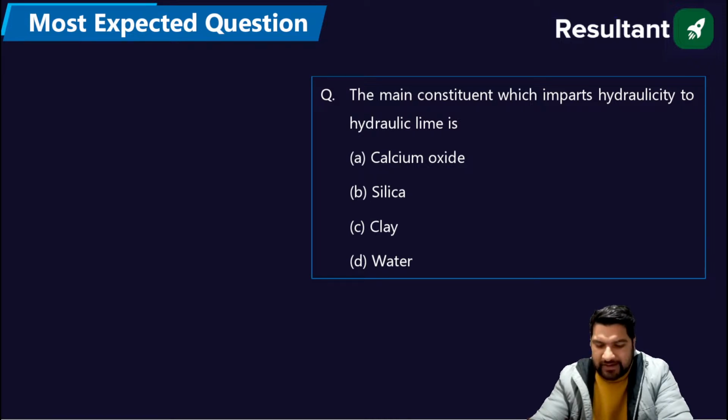Write down the answer. Guys, write down the answer. The main constituent which imparts hydraulicity to the hydraulic lime. Wait a second, I'll share the session again so that everybody will join.